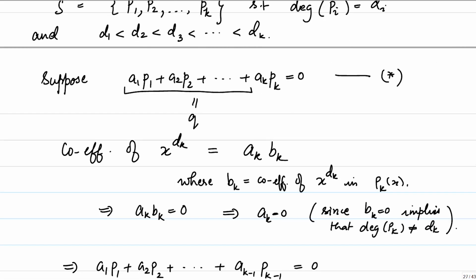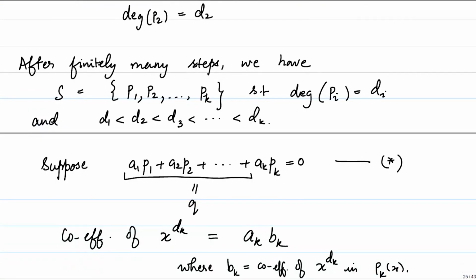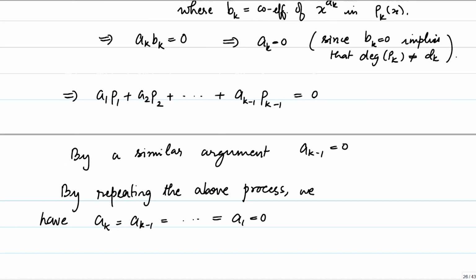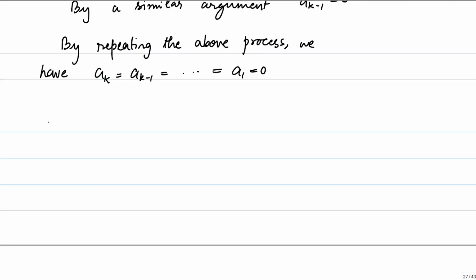But that's precisely what we wanted to prove. If you notice, if there is a linear combination of p1, p2 up to pk equal to 0, we have just established that the coefficients are necessarily 0. This implies that S is linearly independent.